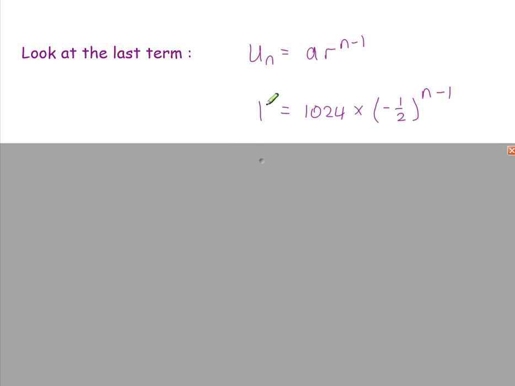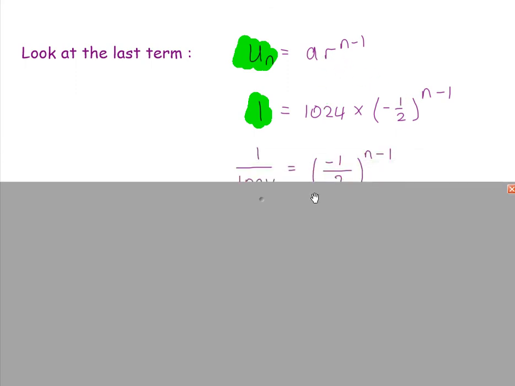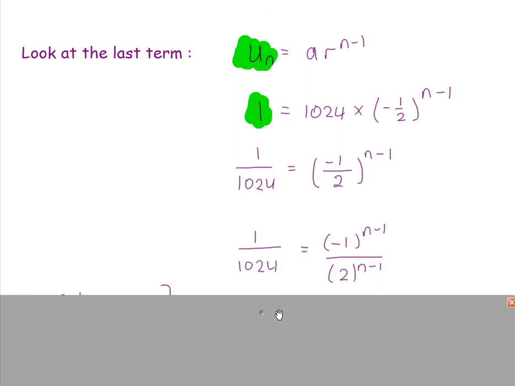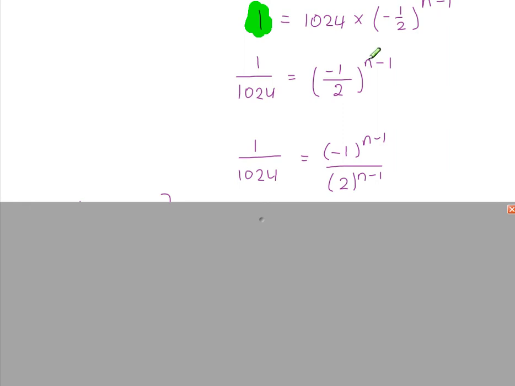We know what a is, we know what r is, and then we solve. So I'm dividing by 1024, and the power here goes on the numerator and the denominator of this fraction, like this.